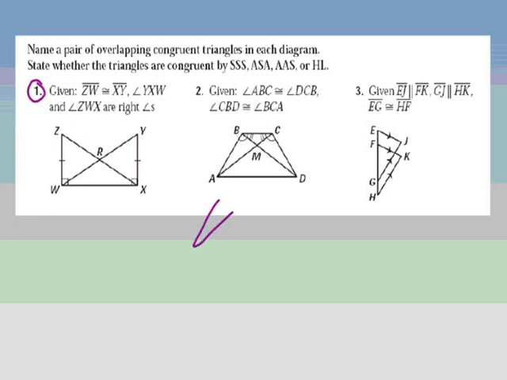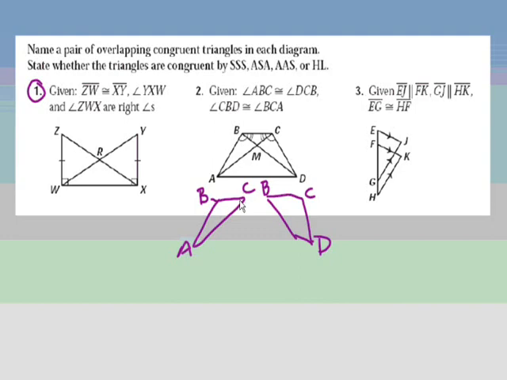So let me redraw that. So that is A, B, C. And then I have this one right here. Ooh, that's a terrible triangle, BCD, even though it doesn't look like a triangle.